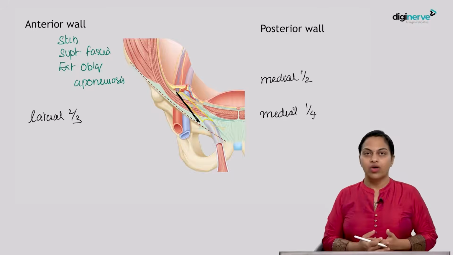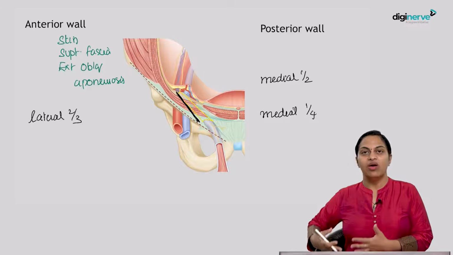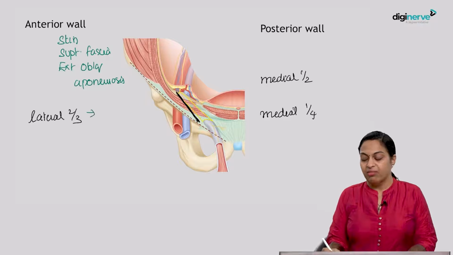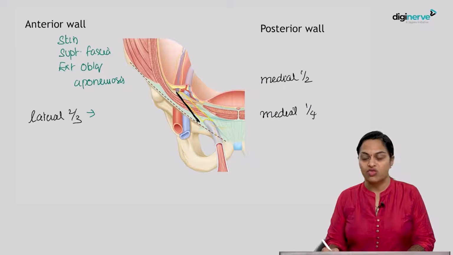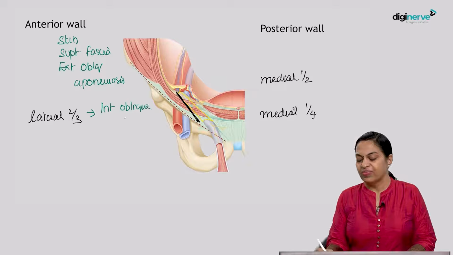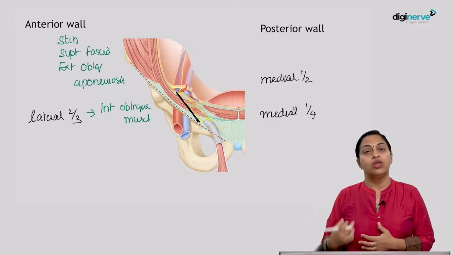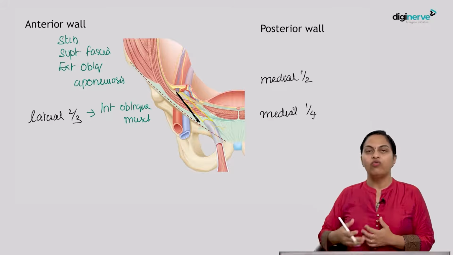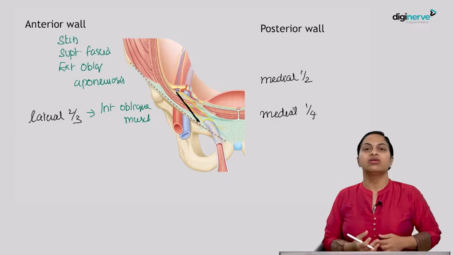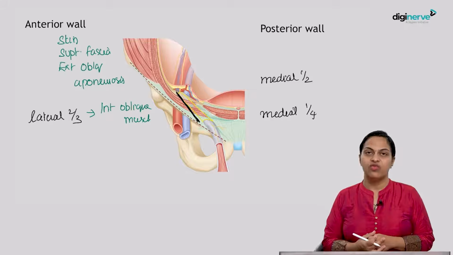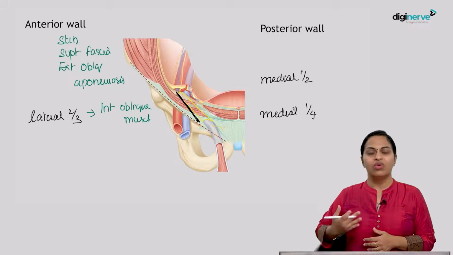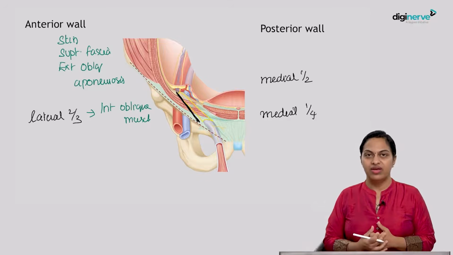This anterior wall is strengthened on the lateral aspect by the origin of fleshy fibers of the internal oblique muscle. Remember, the external oblique originates from the lower 8 ribs and comes down for insertion, whereas the internal oblique and the transversus abdominis muscle originate from below and then go upwards.